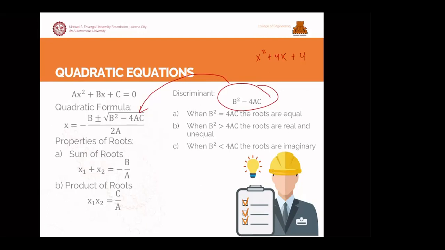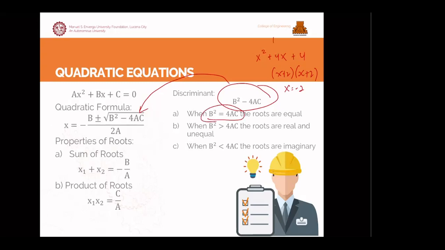Ayan. Tama ba? 2, 2. Okay. So, ang root nito is x plus 2. Ang factor niya is x plus 2 times x plus 2. Okay? So, same lang yung root natin na x is equals to negative 2. So, ibig sabihin, equal yung b squared 4ac niya.